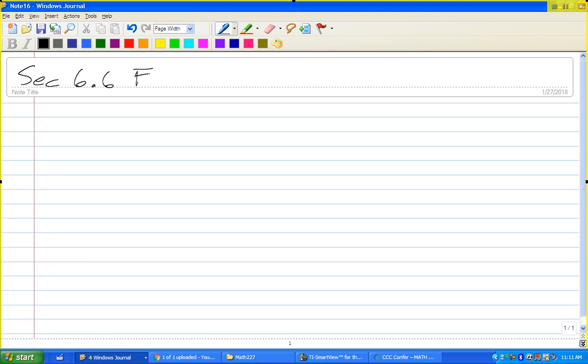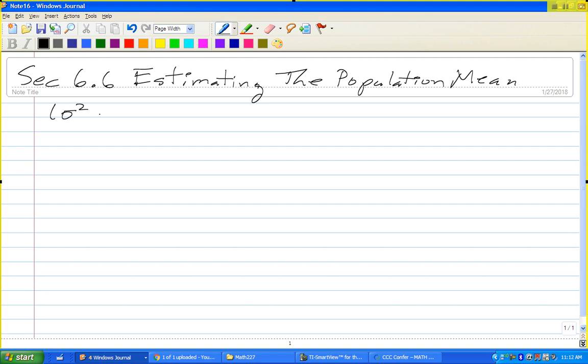Estimating the population mean, and this is in the case when the population variance is unknown.